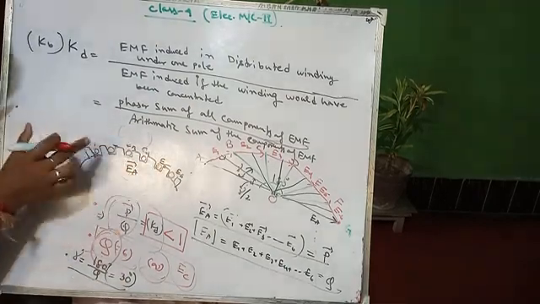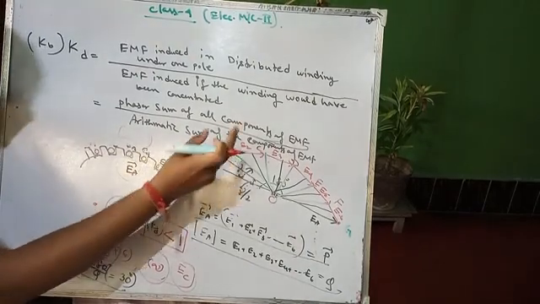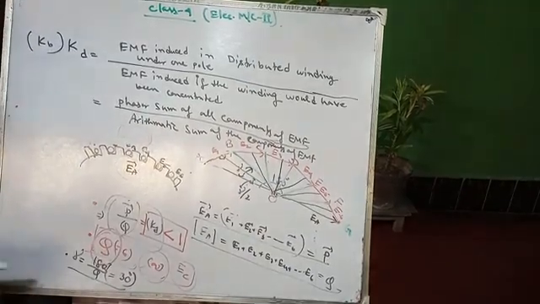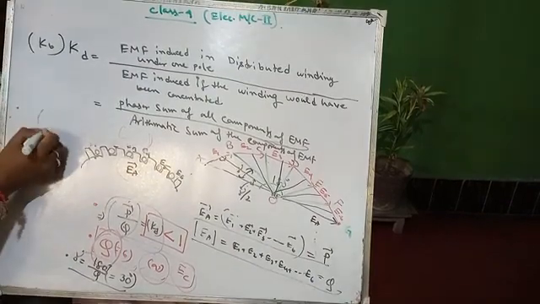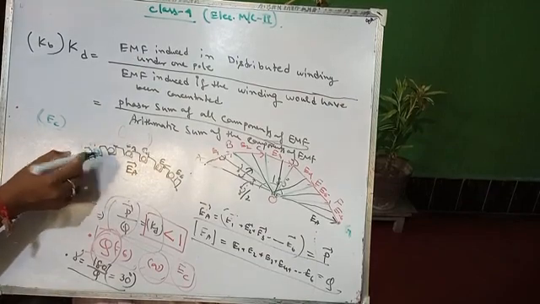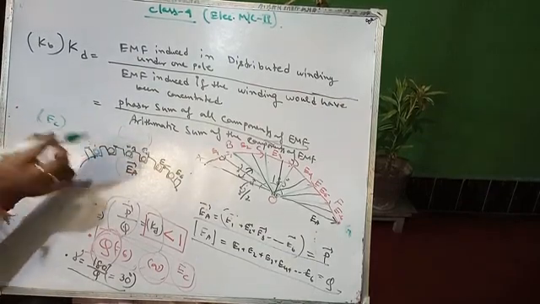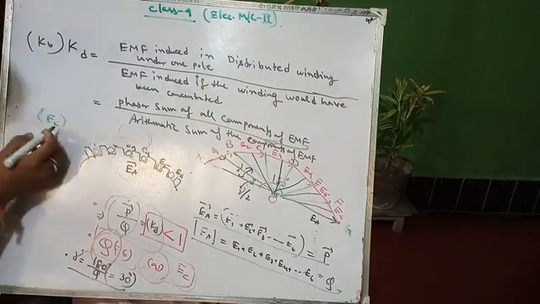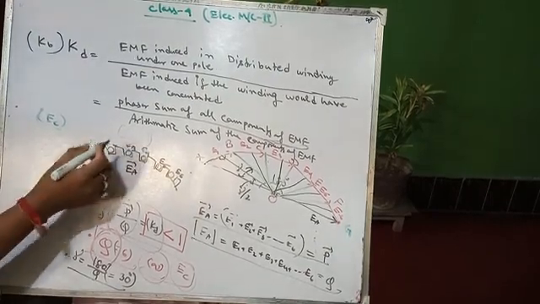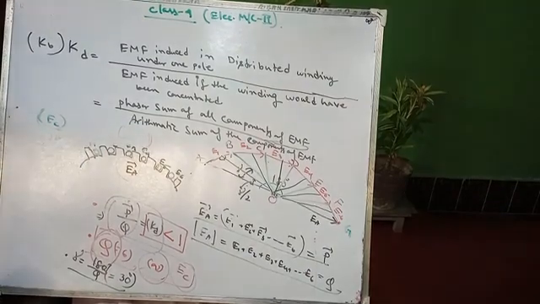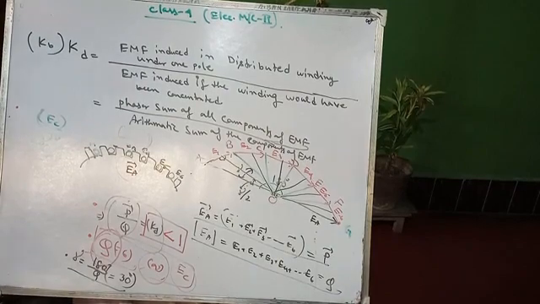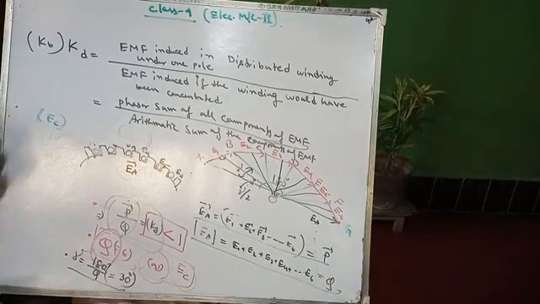That's why the lengths AB, BC, CD, EF and FG are all the same. Let the magnitude be EC, the EMF induced per coil or per slot, and they differ in phase by angle gamma degrees from each other.